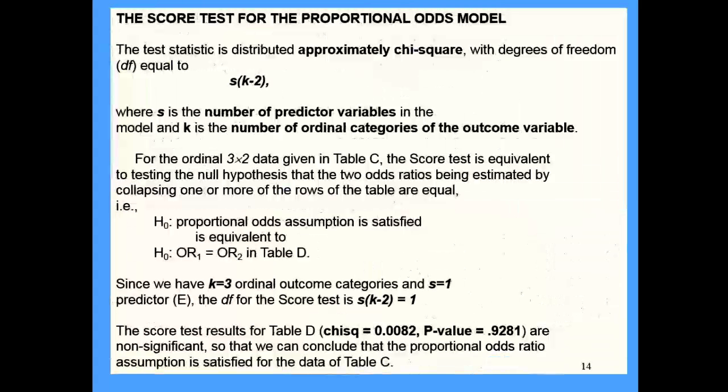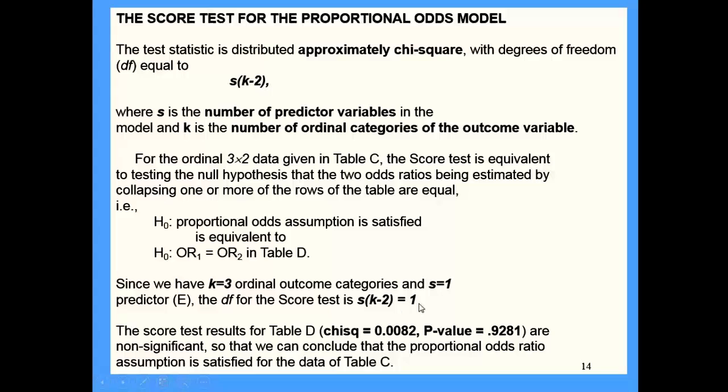Now, let's talk about this test, the score test. That's built into when you run proc logistic to do ordinal logistic regression using this proportional odds model. That test result automatically comes out. You automatically get that in the output. So you can look at that result, and it's a chi-square statistic. I'm not going to talk all about the theory, but it's approximately chi-square.